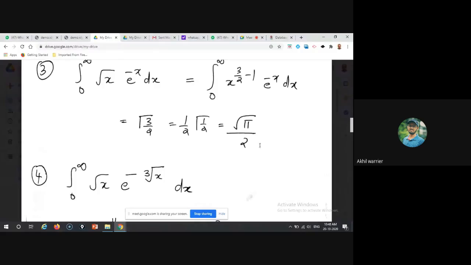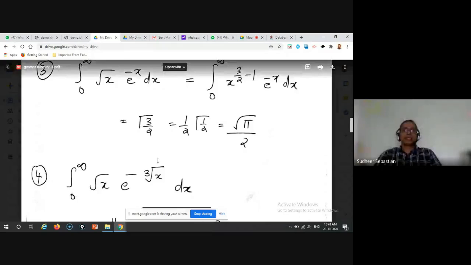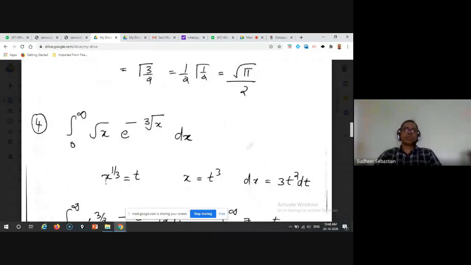Substituting cube root x for something, y. Yes, cube root of x equal to some other variable, say y or t.